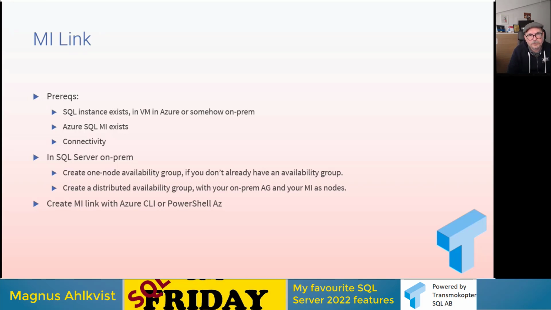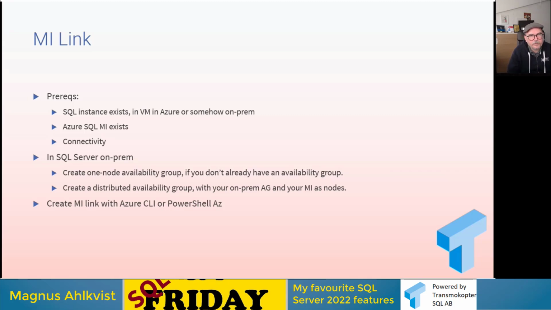With MI-Link, what you basically do is you create a normal availability group in your on-premise database, or in your Azure VM, if that's where you run your SQL Server, but basically SQL Server for Windows, if that's what you're running.